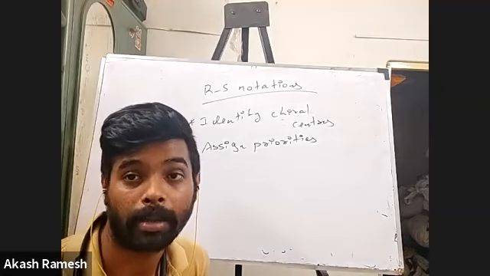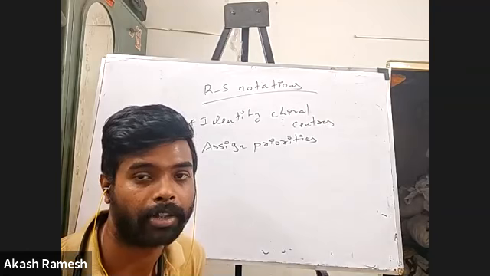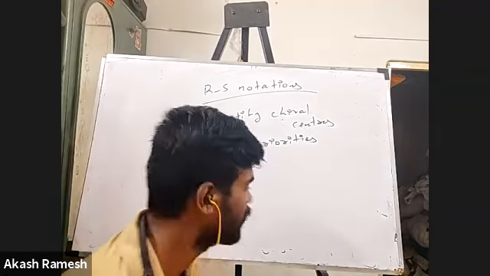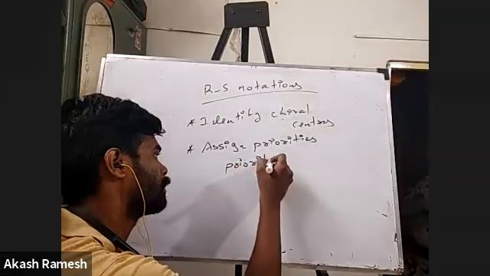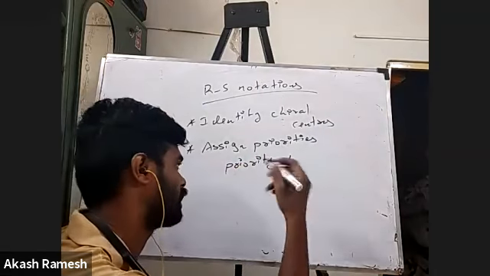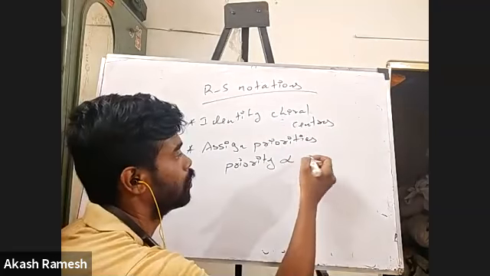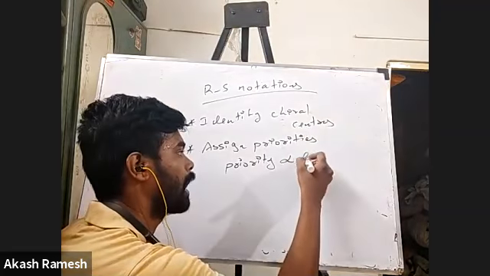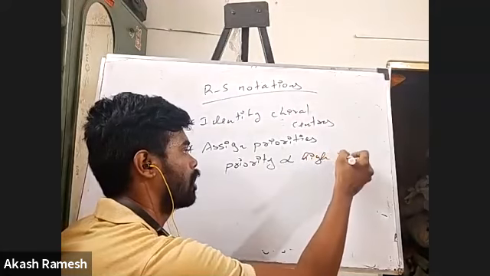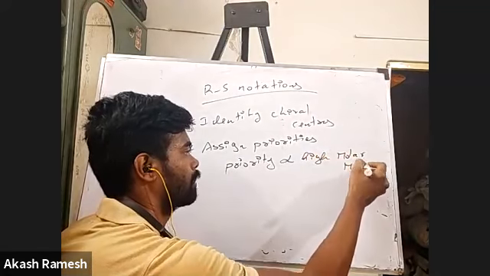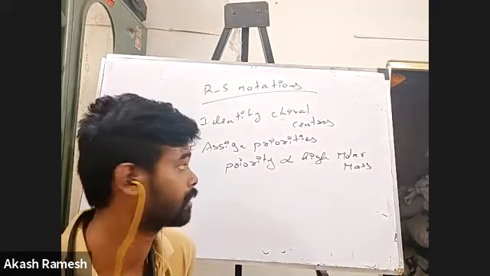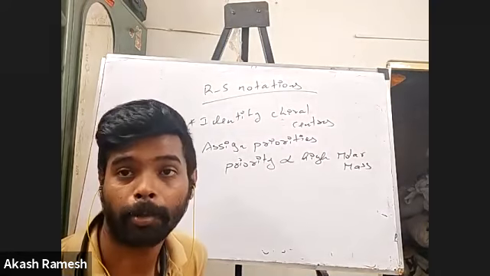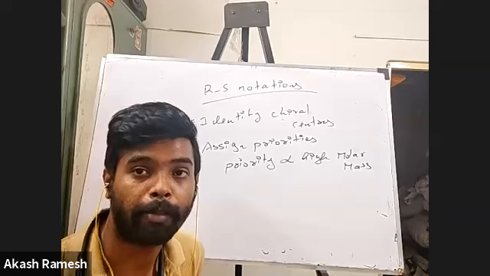Now, what is the basis for giving this priority? Please understand the priority is going to be directly proportional, or say higher priority should be given to groups with high molar mass or molecular mass or whatever you want to call it. Basically, more priority should be given for groups which are bulky.